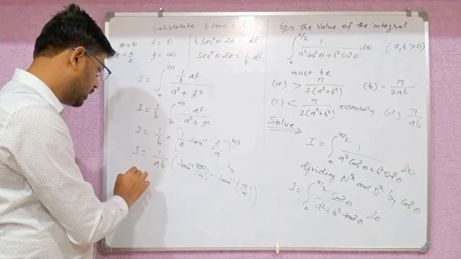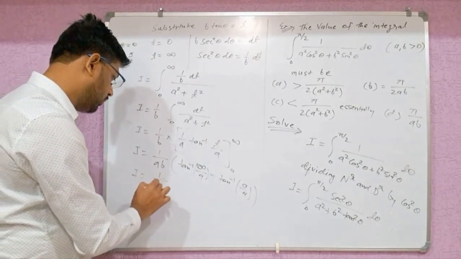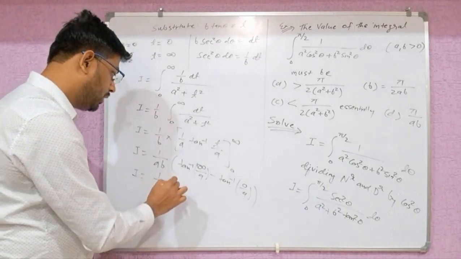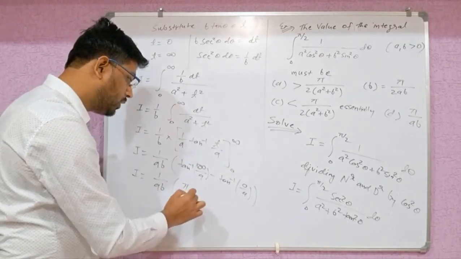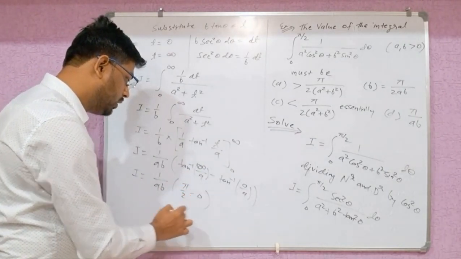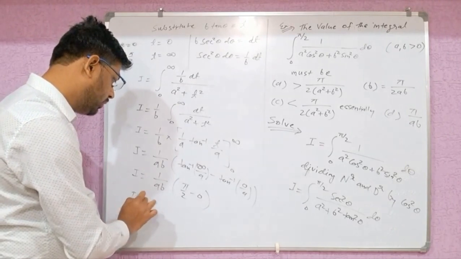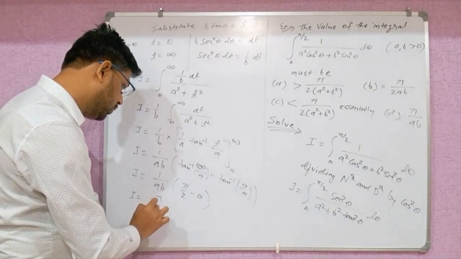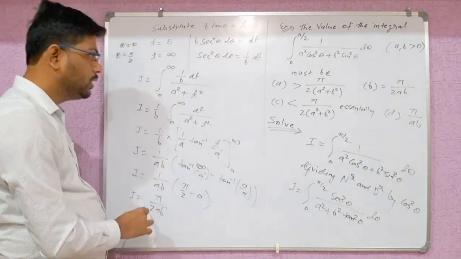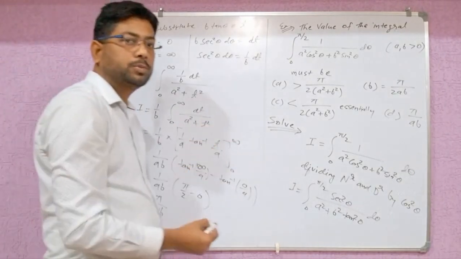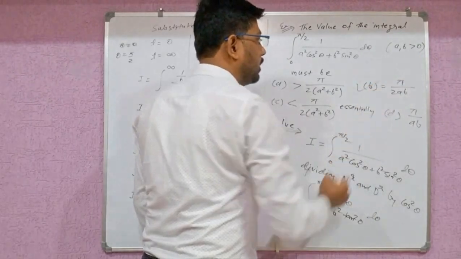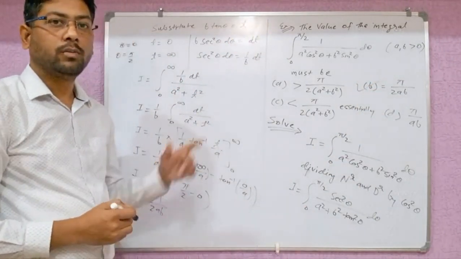So this I will be 1 by ab and tan inverse infinite will be pi by 2, and tan inverse 0 is 0. So this will be pi by 2ab. Okay, so the required value of integration is pi by 2ab, which is here in option B. So our option B will be correct. Okay, so this is our final answer.